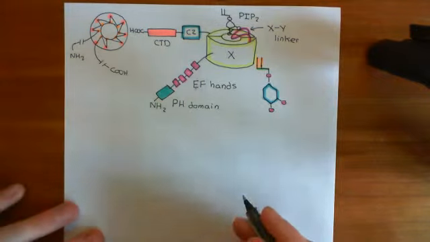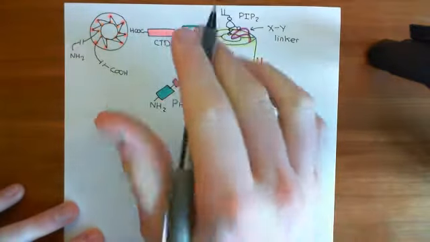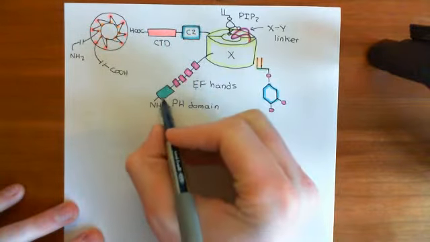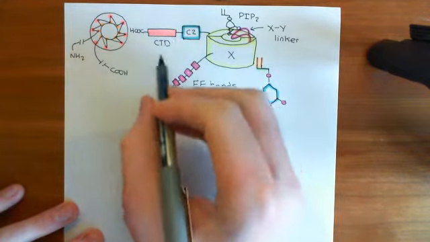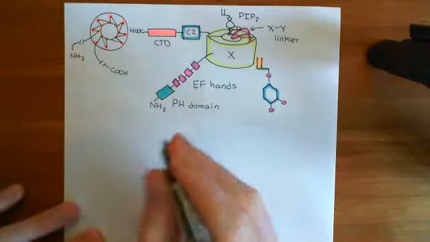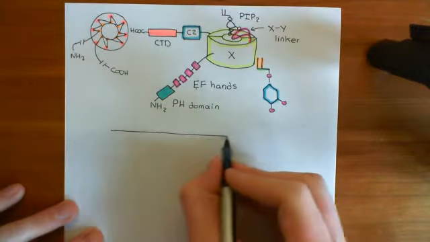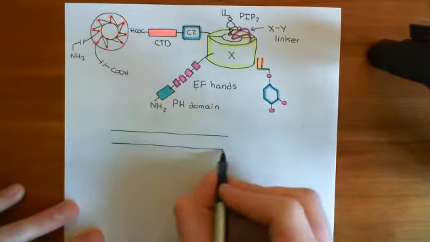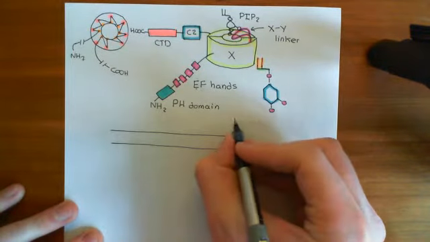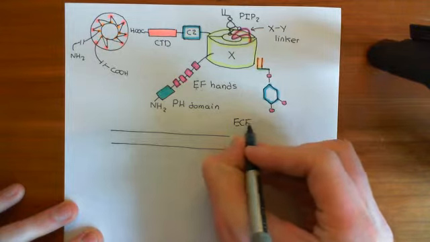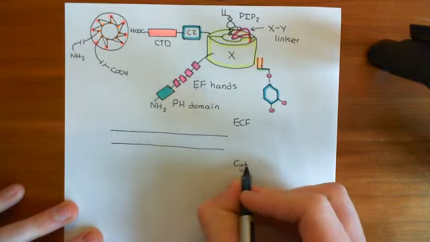Basically, the pleckstrin homology domain and the C-terminal domain attach to the underside of the phospholipid bilayer. So if this is the cell membrane here, this is the inner leaflet, this is the outer leaflet, so this is the extracellular fluid on this side, and this is the cytoplasm on this side.